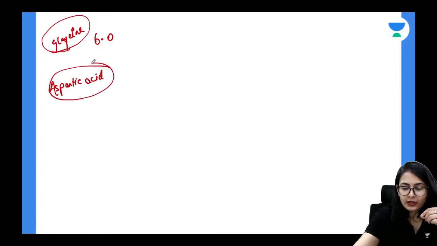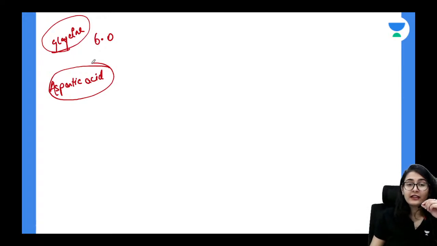So what was the isoelectric pH, PI लिखते हैं, right? Isoelectric pH of aspartic acid 3.0, मतलब कि it reduces.